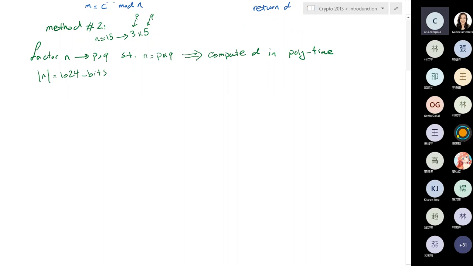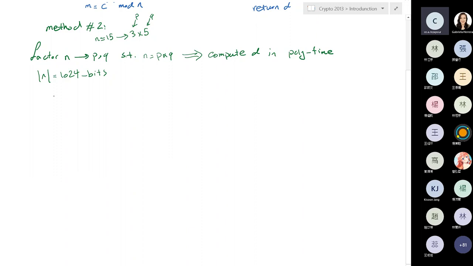If you just want to try with a very simple pseudocode and see how it works: if you know some prime p, and that prime p divides n, then you are supposed to get an integer.